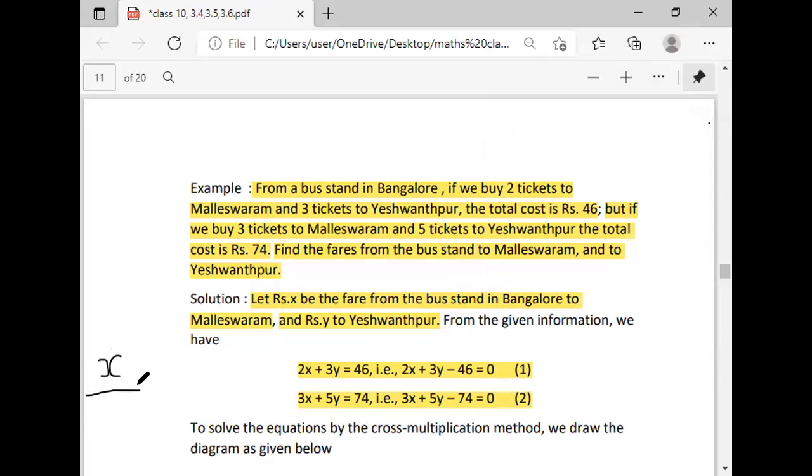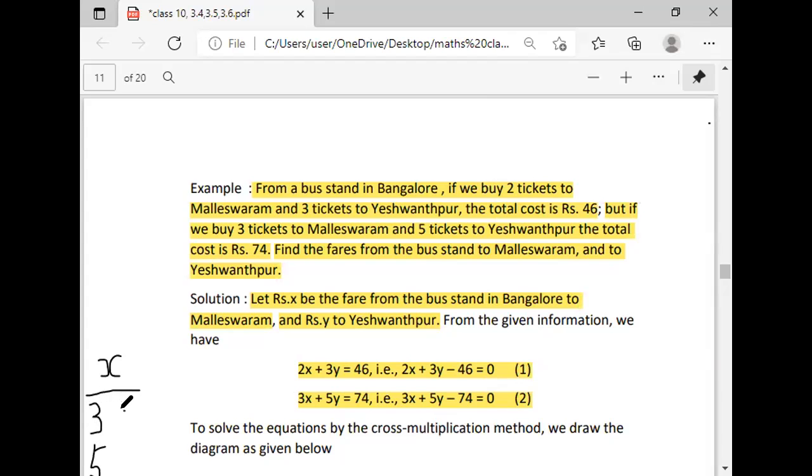What will be the denominator? b1 c2 minus b2 c1. Take this question: 3 into minus 74, 5 into minus 46.